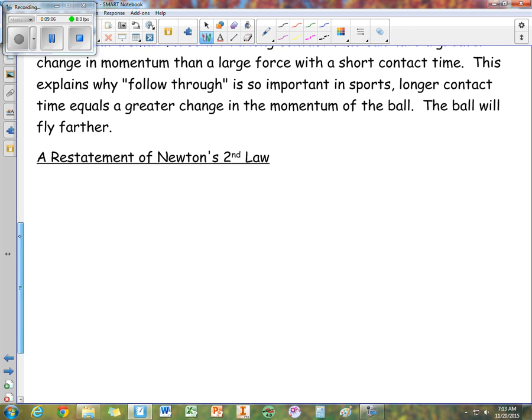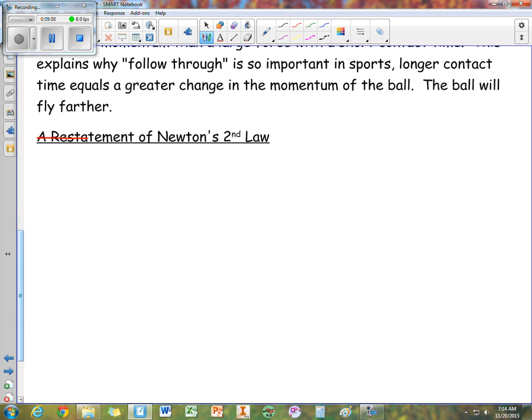Okay, now we haven't talked a whole lot about Newton's second law, so let's just write it. Newton's second law says that the net force acting on something equals the change in momentum over time. That is Newton's second law.